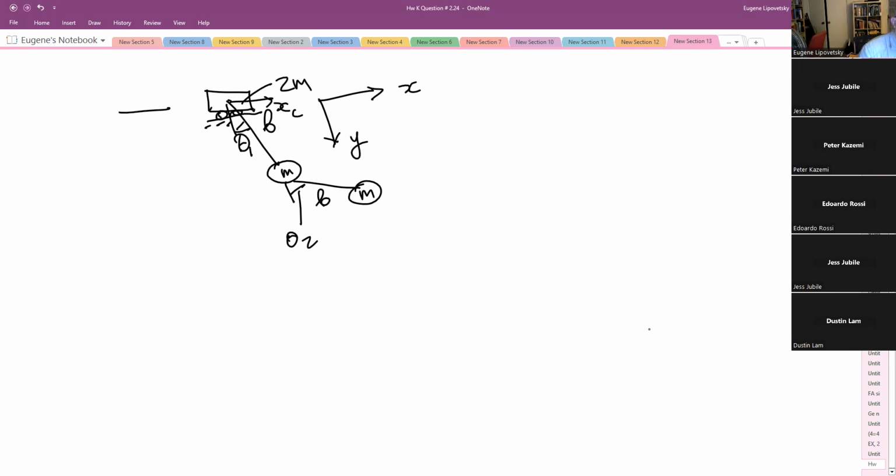Our goal will be to find L, which is T minus V, and then write the equations, all right? And we have Q1 equals X of the cart, Q2 equals theta 1, and Q3 will be theta 2.